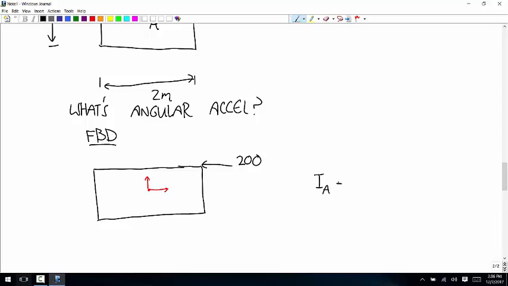The mass moment of inertia is 1/12 times 5 times 2 squared plus 1 squared. So that's 25/12. So 2 and 1/12, .083.